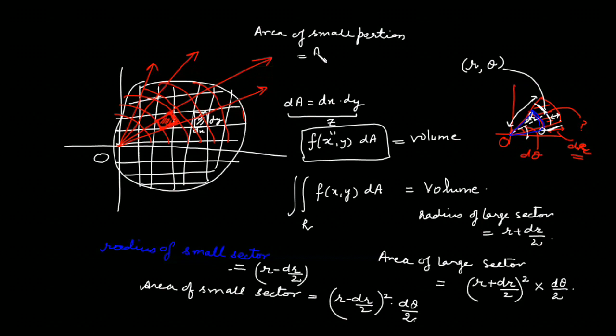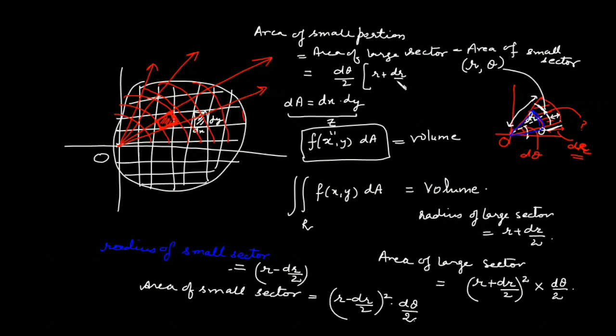So what is the area of this small portion? This will be the area of the large sector minus the area of the small sector. So d theta by 2 is common, r plus dr by 2 whole square minus r minus dr by 2 whole square.